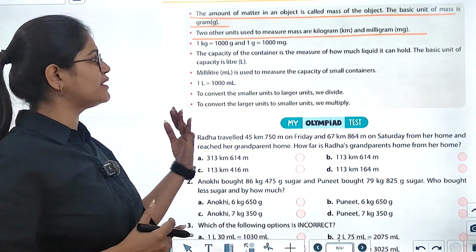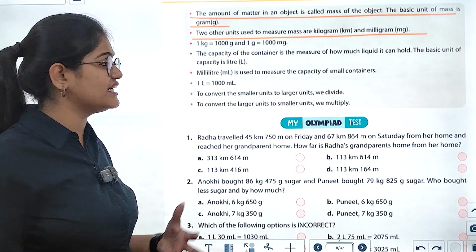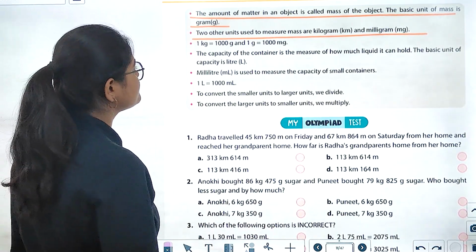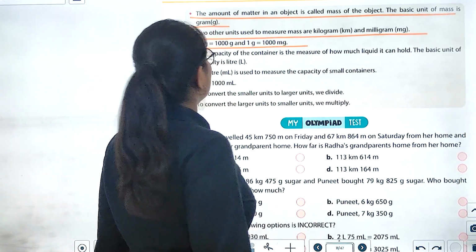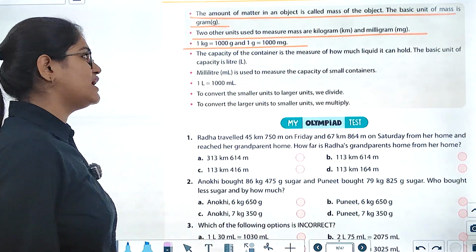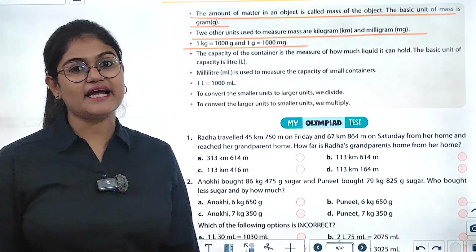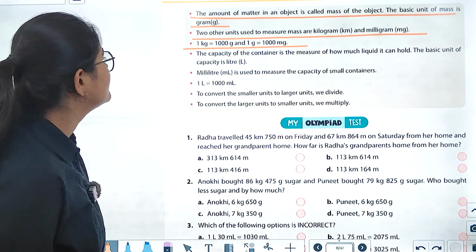We can measure weight in these two units also, that is kilograms and milligrams, right? Then 1 kilogram is equal to 1000 grams and 1 gram is equal to 1000 milligrams, right?